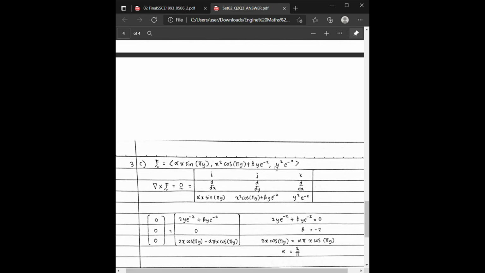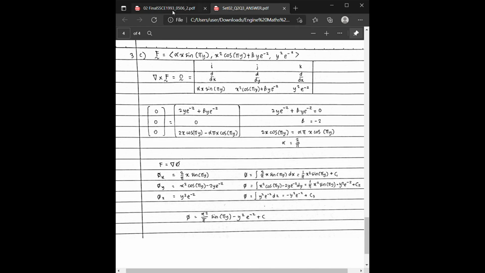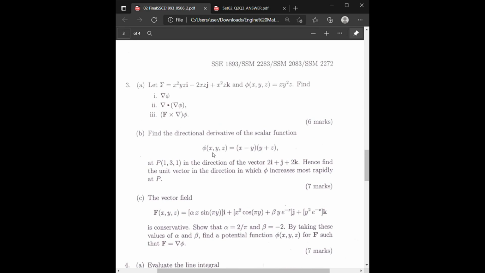So then moving on to 3C. The question on 3C is about the vector field. The vector field F is conservative, so the question asks us to show our alpha and beta. After that, we need to find our potential function.